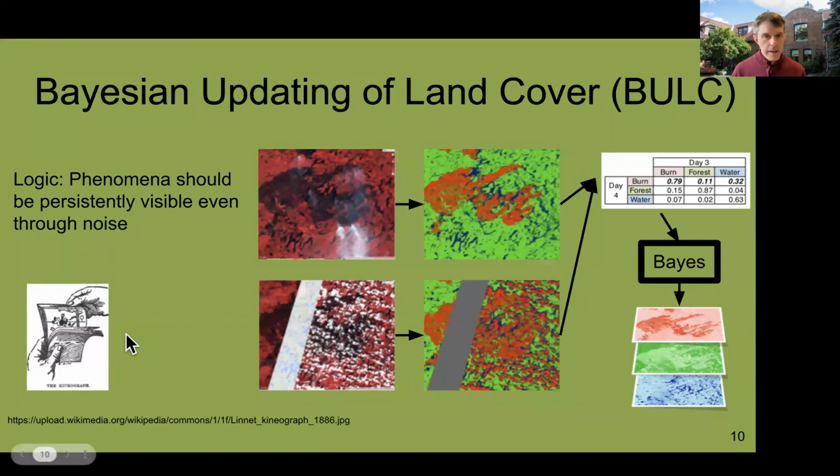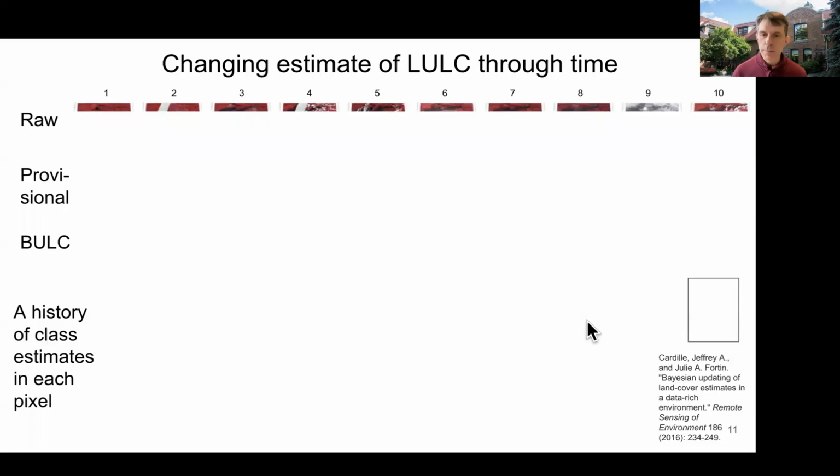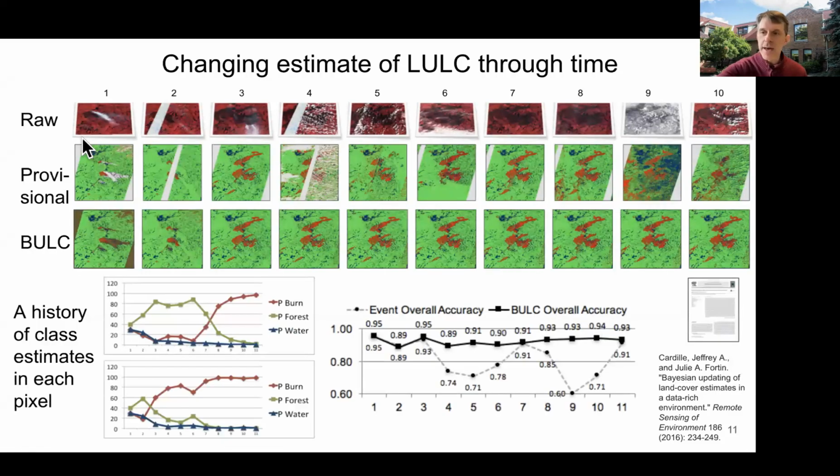The same thing, I think, is also possible with seeing lots of classifications through time. And so we have a mathematical foundation for applying Bayes' algorithm that is contained in our papers. And the effect is to go from having images that are on the top, where you see raw imagery.